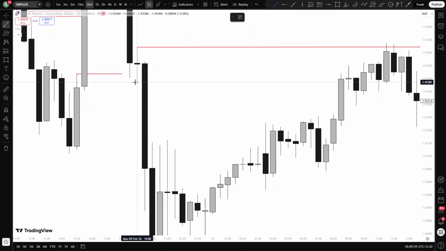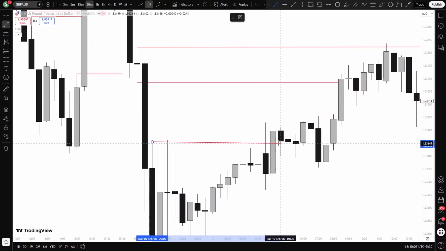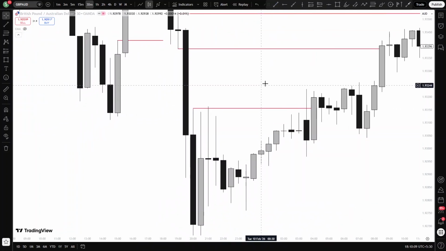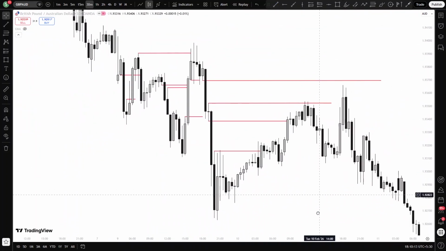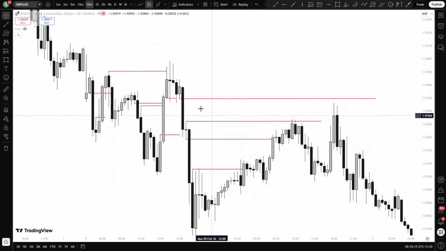So this one also, this is a fair value gap. Okay, this is our fair value gap. So we have liquidity sweep, we have this fair value gap. This week and this week they did not meet.